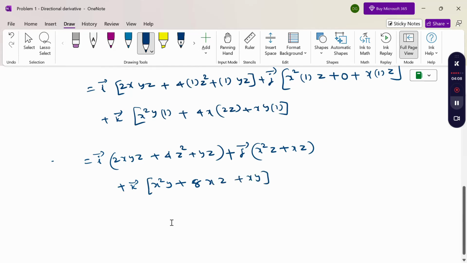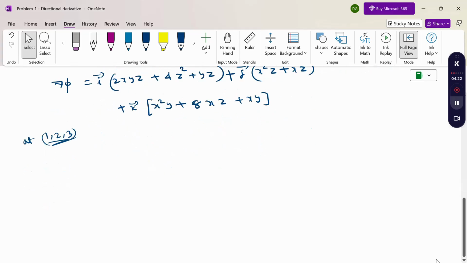So this is del phi. Then at the point (1, 2, 3), substitute into the gradient: del phi at the point (1, 2, 3). Here this is x, y, z.